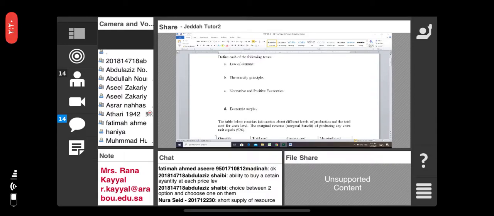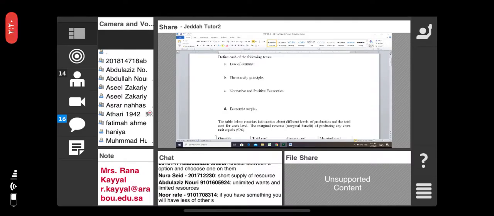Yes. No, short supply of resources. Okay, but don't use the word supply. Supply in economics means more that we support. We don't have enough resources. Unlimited wants, unlimited resources. Thank you, Abdelaziz. This is the perfect one.